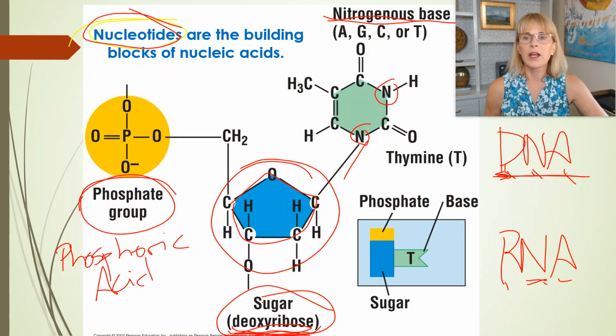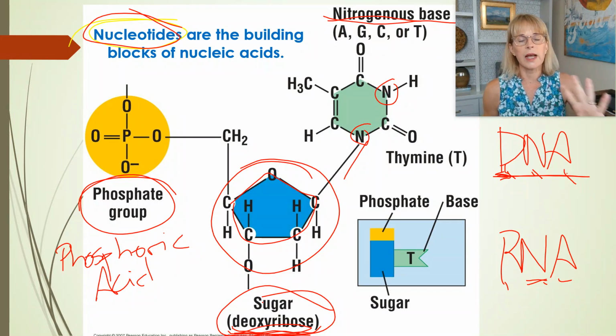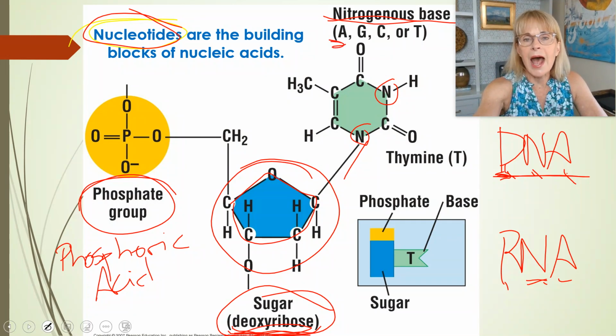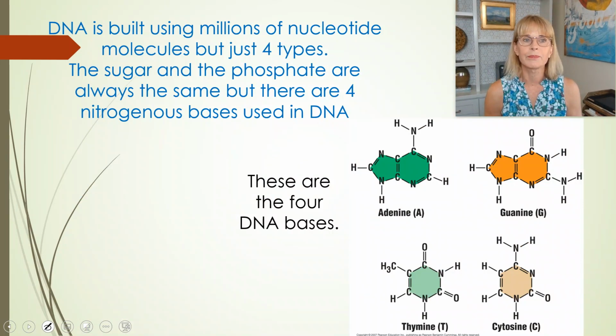So nucleotides. Now, nitrogenous bases. In DNA, there are 4 different nucleotides that are found in DNA. There are 4 different nucleotides because a nucleotide of DNA can have 4 different bases, and they are adenine, guanine, cytosine, and this one, thymine. Let's talk about that some more, okay?